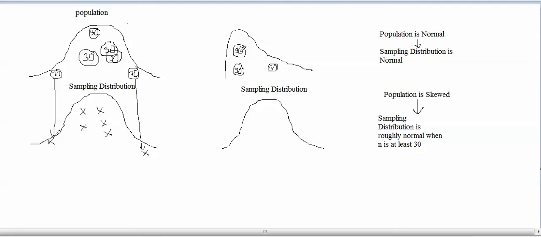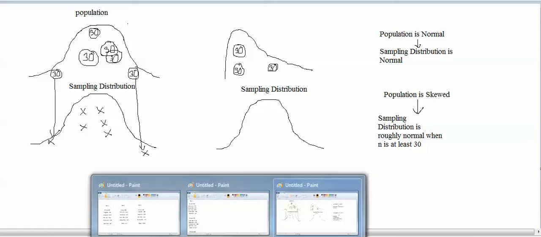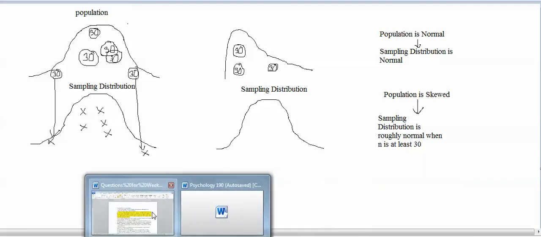That's not what's going to be normal. What's going to be normal is if you took the means of all different possible samples of 30 people and then plotted each of the means in a histogram. You have a histogram of means, not a histogram of heights. That's what ends up being roughly normal. So it's not A.